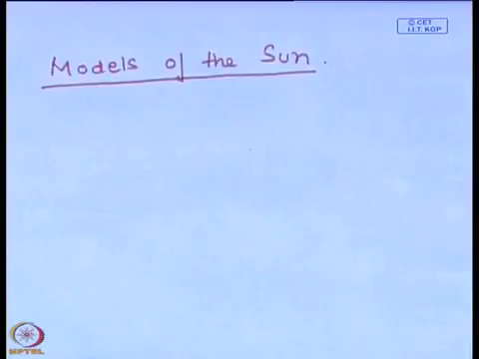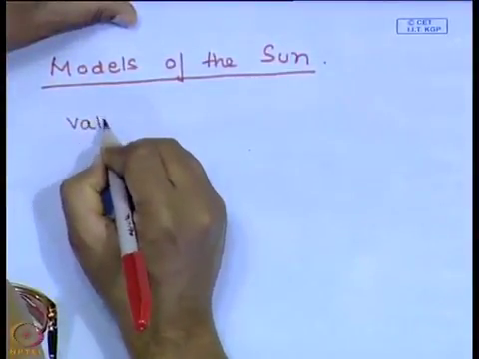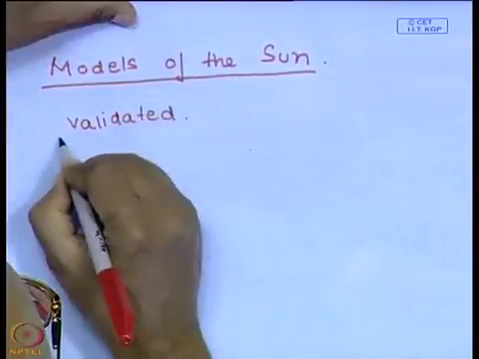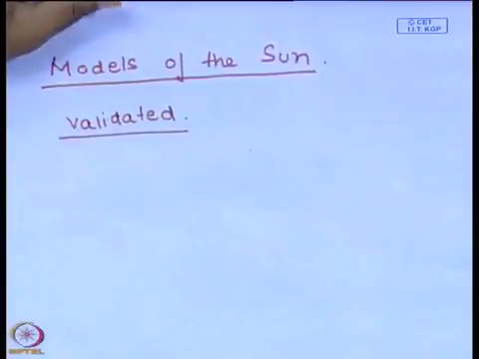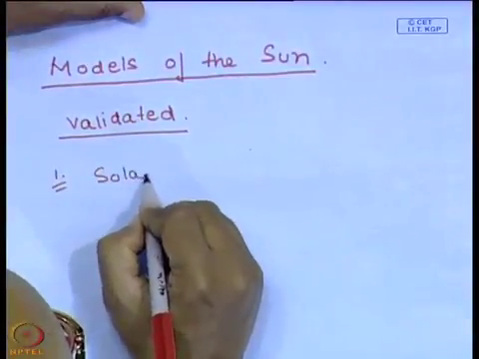These models have been validated mainly against two kinds of very precise observations. One is the solar neutrino observations.